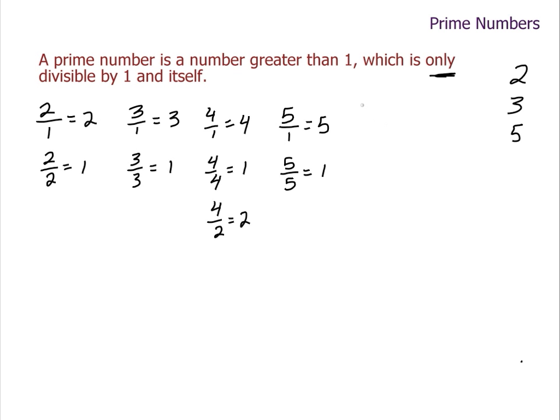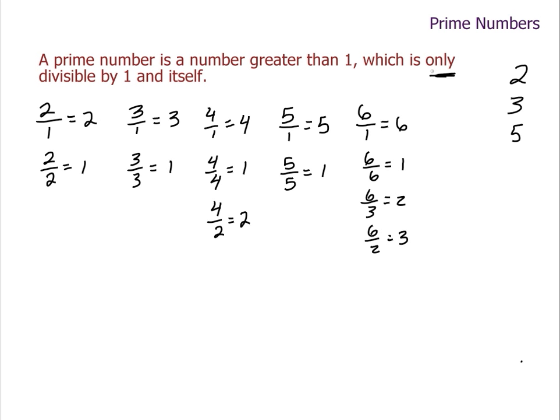Remember, 6 is even, but let's just make sure that's the case. Yes, it's divisible by 1 and itself, but 6 divided by 3 is 2, and 6 divided by 2 is 3. So it has a couple of problems here. It doesn't match the definition, and so 6 is not a prime number because 3 goes into 6, 2 goes into 6.